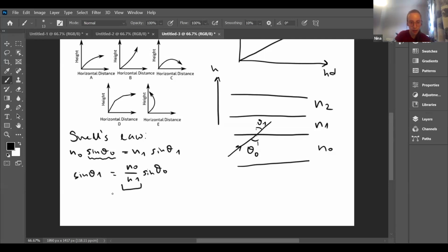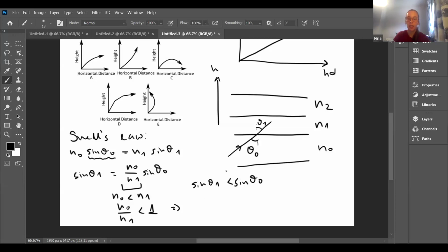The thing is, because we know that n0 is smaller than n1, as the refractive index increases with height, that tells us that n0 over n1 would be smaller than 1. Therefore, sin theta 1 would be smaller than sin theta 0.